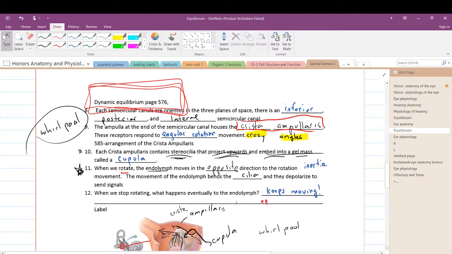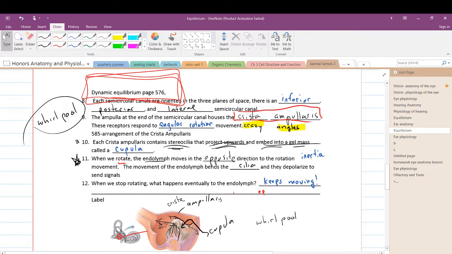So what differentiates the dynamic equilibrium? Well, it's the fact that this time it's responding to inertia of the fluid. So let's take a look at this. Number 11, here's our little star. When we rotate, the endolymph, the fluid inside, has that inertia to stay still.